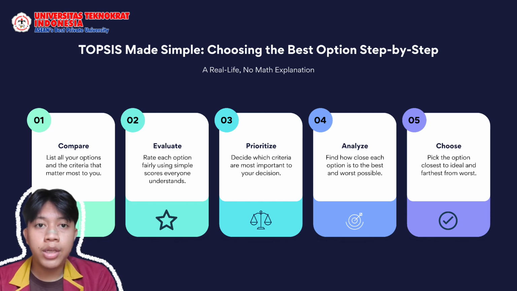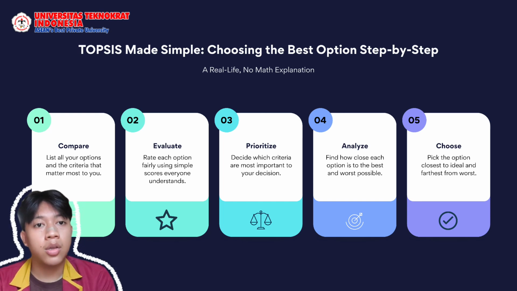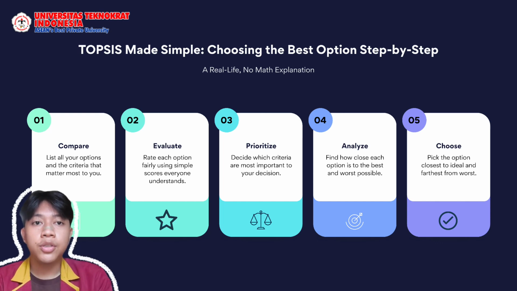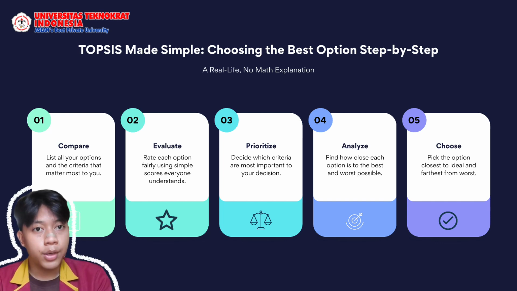Then, we evaluate each option fairly, decide which criteria are more important, and analyze which option is closest to the ideal solutions. Finally, we choose the best alternative. In simple words, TOPSIS helps us make smarter and more balanced decisions.